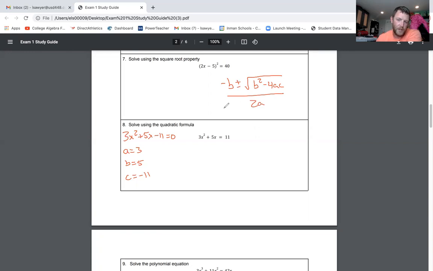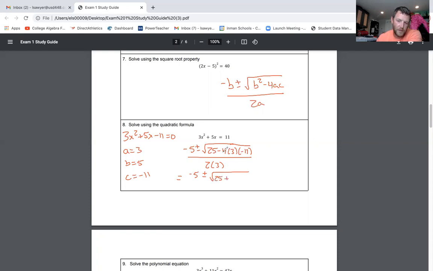So when I plug these into that equation, I get negative 5 plus or minus radical 5 squared, which is 25, minus 4 times 3 times negative 11, all over 2 times a, which is 2 times 3. Simplify it out, so that's negative 5 plus or minus radical 25.